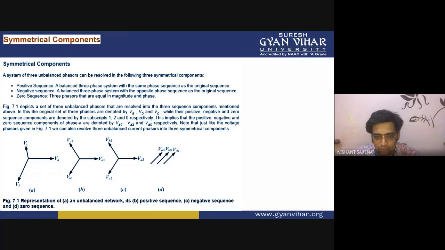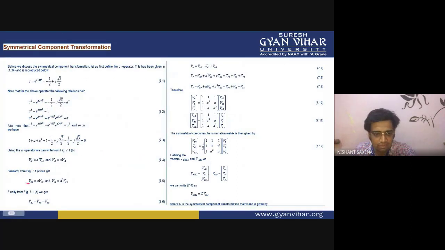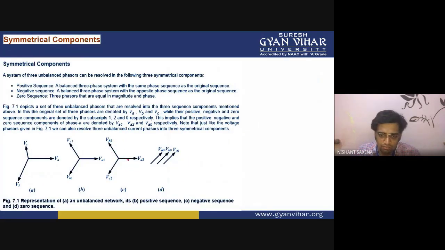Similarly, VA0, VB0 and VC0. The zero sequence component for phase A, B and C all are equal. From the figure, we can see that all the phases VA0, VB0 and VC0 are in the same direction and are also having the same magnitude. So that's why we can say VA0, VB0 and VC0 are the same.